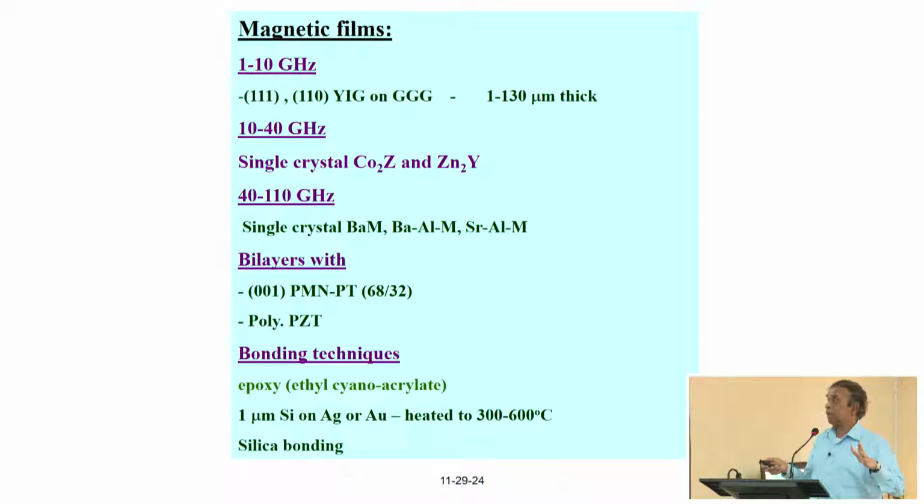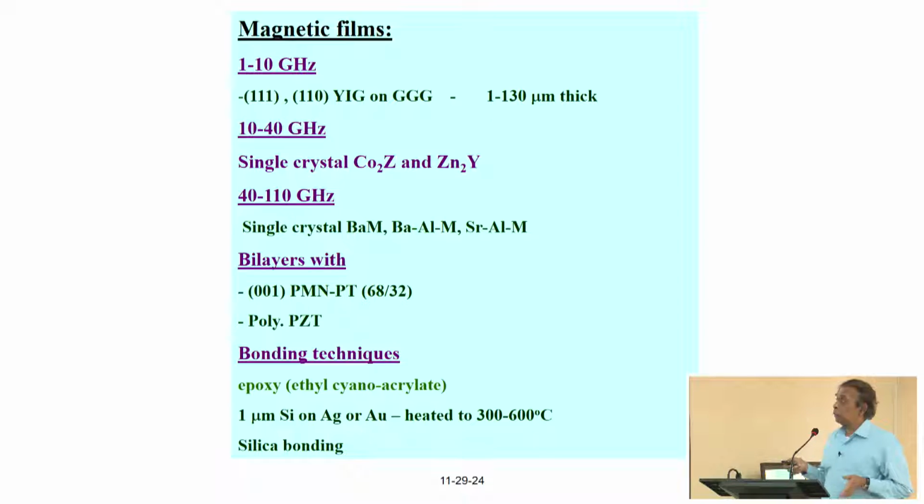Then it has to be annealed at very high temperature in oxygen atmosphere, because during the growth process you always tend to have iron 2+ in the ferrite, which you do not want, because if there is divalent iron in the crystal, that would make the sample more conductive electrically, and that will lead to losses when you use them in the device.